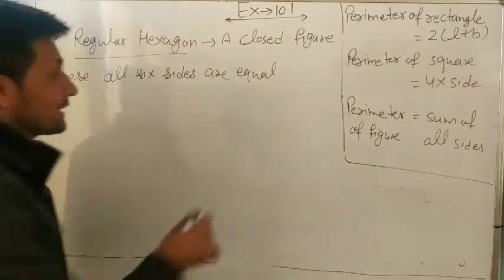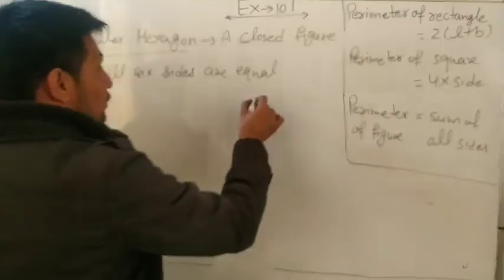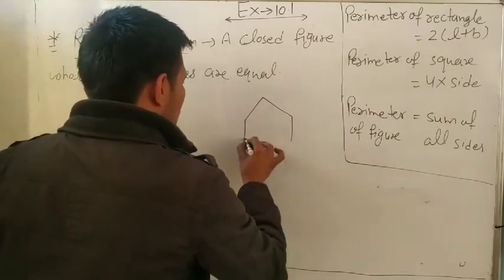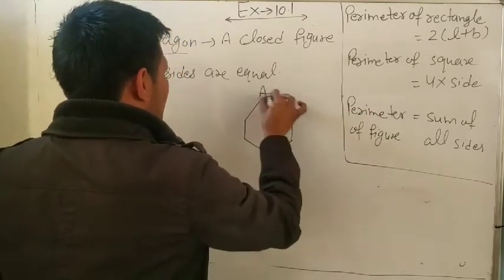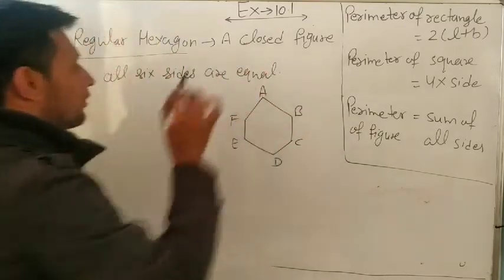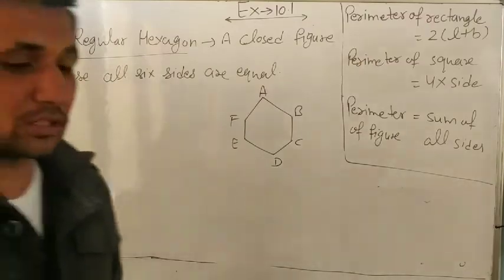Hexagon means 6 sides and regular means equal. So 6 equal sides: 1, 2, 3, 4, 5, 6. So remember A B C D E F. It is a regular hexagon. All sides are equal.